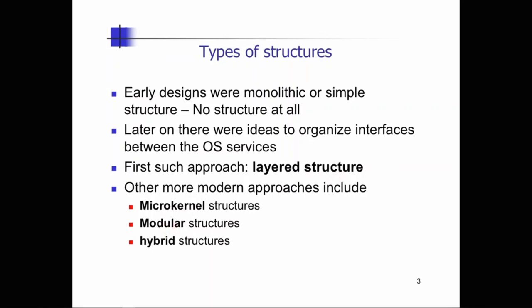However, there are also some differences. There is a strict hierarchy built into the layered structure, which is not very strict in the modular structure. And of course, we can have hybrid structures which borrow certain good aspects of various other types of structures.